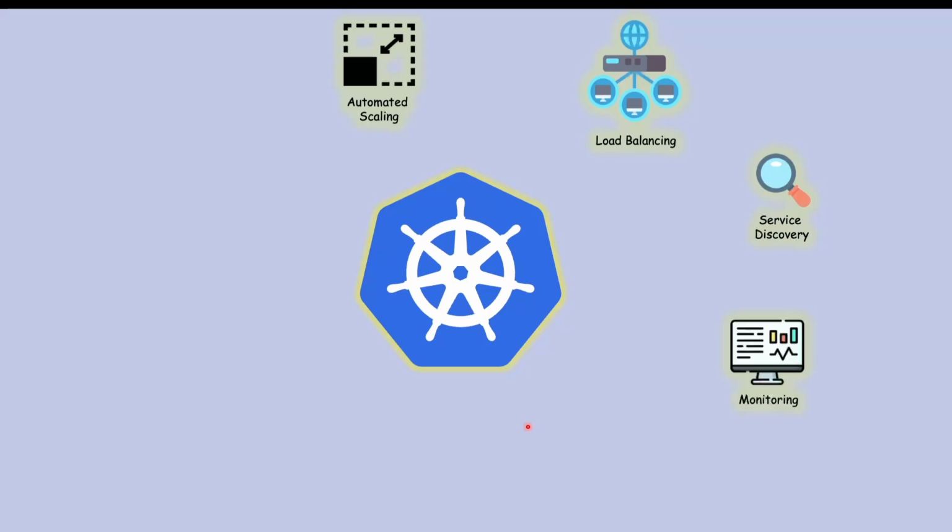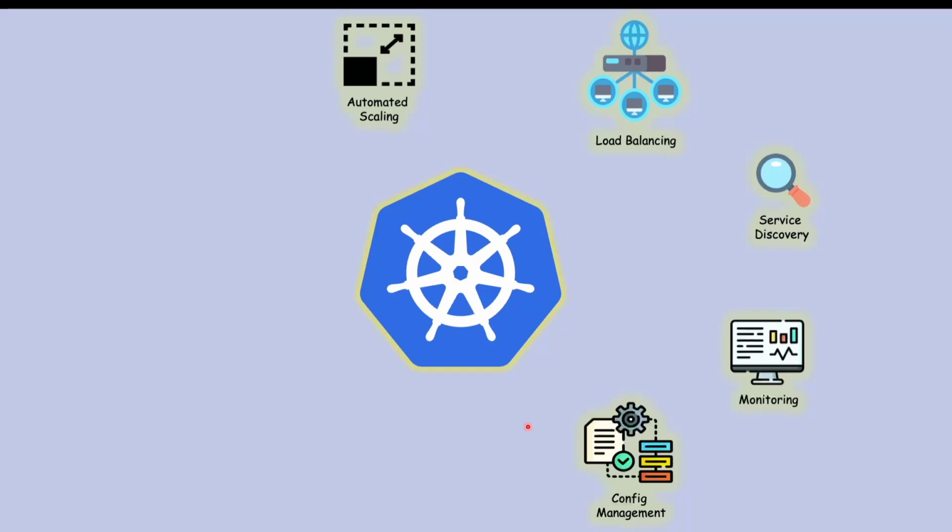Then coming to the monitoring aspects. There are different ways, tools and capabilities where you can monitor the workload that you are running on a cluster. Config management and secrets: Kubernetes lets you store and manage sensitive information such as credentials, tokens, and SSH keys.